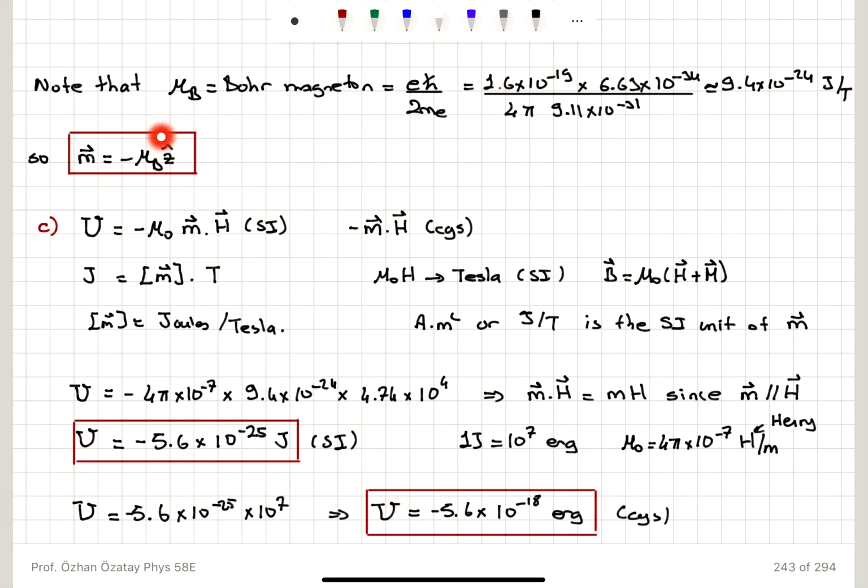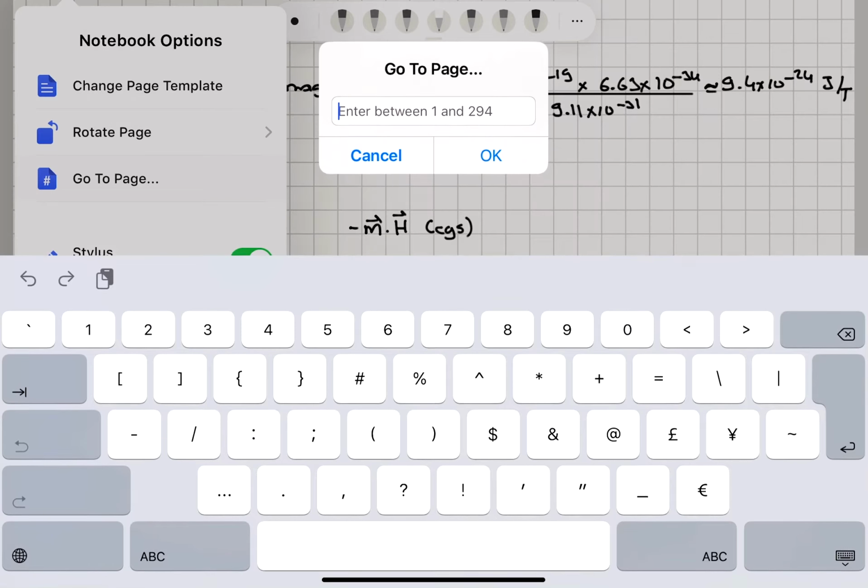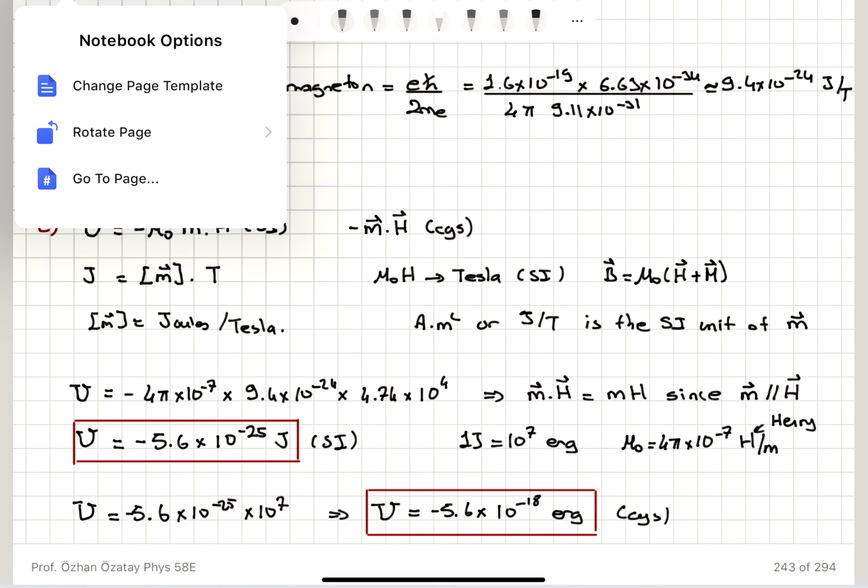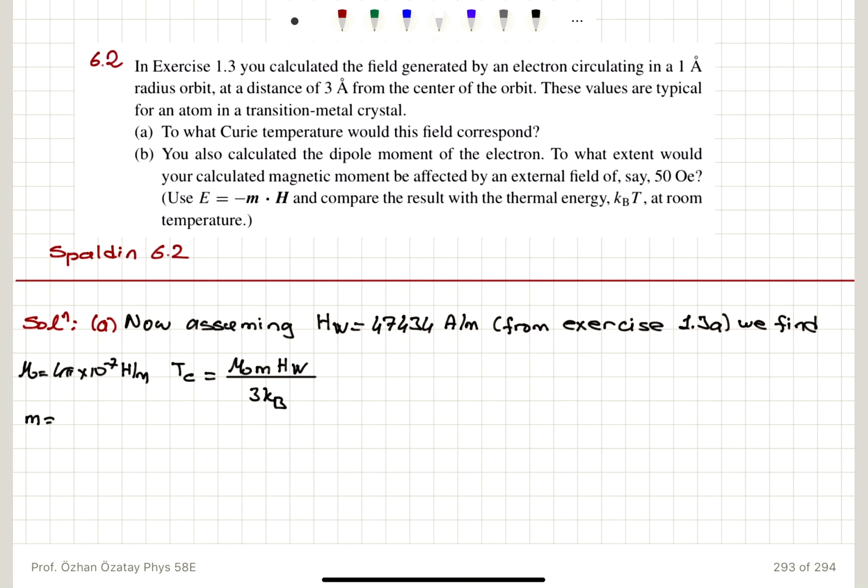So it's a Bohr magneton in z-hat direction. That's what we have found. Okay. So we're going to use this magnetic moment, a Bohr magneton. And the Boltzmann constant, we know, is 1.38 10 to minus 23 joules per Kelvin.